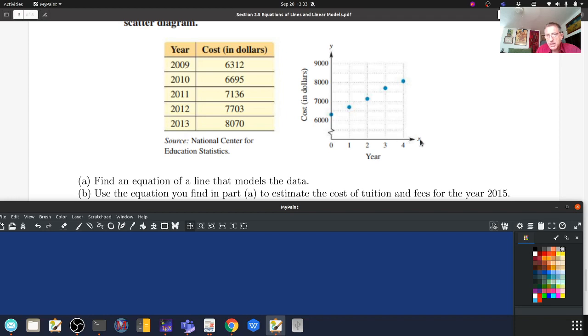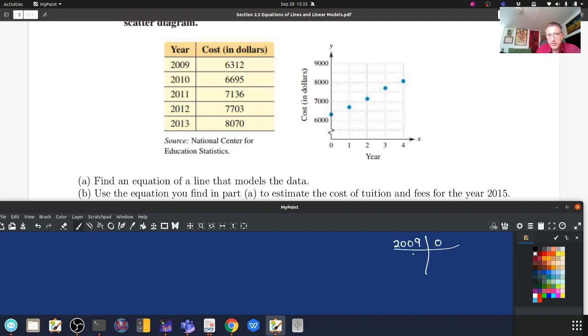So notice that my x value is time and my y value is cost in dollars. So let's look at the first. Now what they've done is they've said let 2009 correspond to my 0 x value.